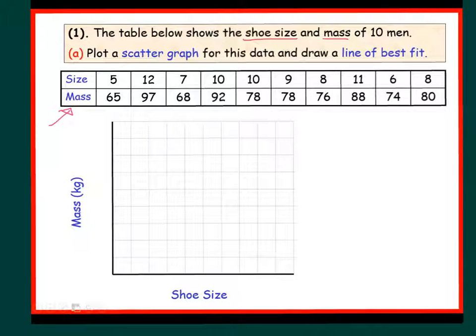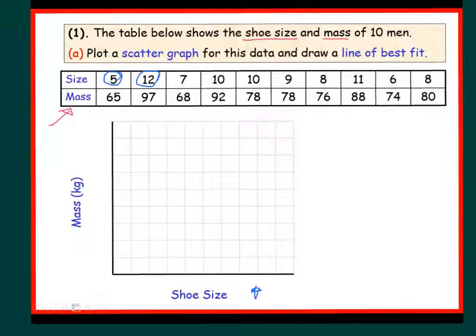Now to plot my scatter graph, the first thing I need to do is to decide on the scale. So I'm going to look for the smallest shoe size, which is 5, and the largest, which is 12. So I know that on my x-axis I need to start at 5 and go up to 12.